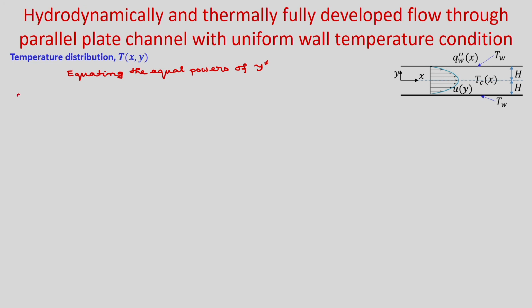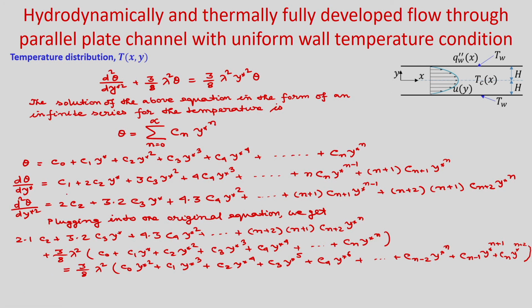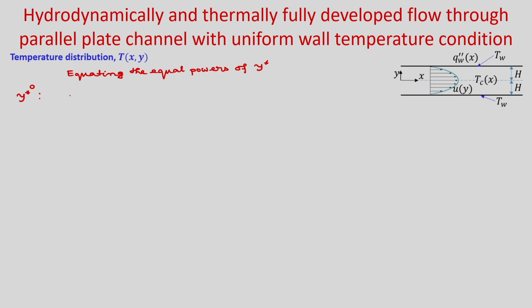So, if you see y star to the power 0, if you see its coefficient, so you can see here, this is your y star to the power 0, okay, 2 C 2 and then this one, and right hand side there is no term. So, it is equal to 0. So, you can write 2 into 1 C 2 plus 3 by 8 lambda square C naught is equal to 0.